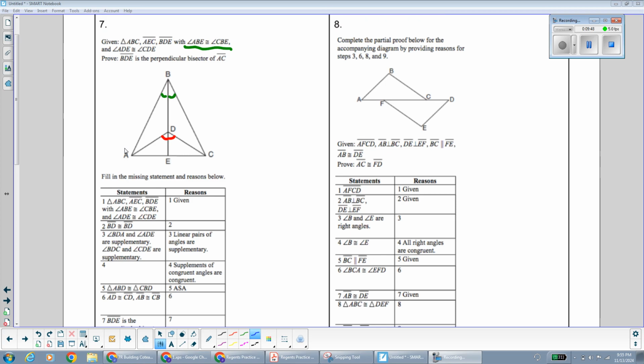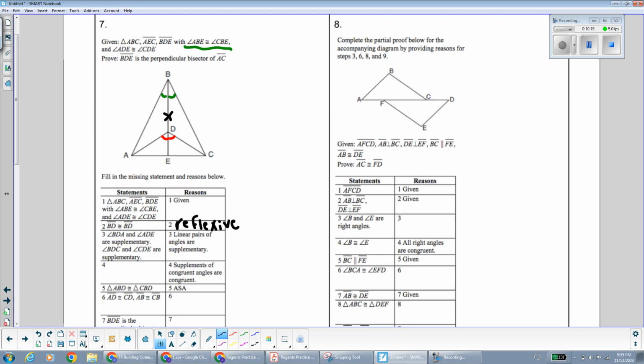I don't know which way this proof is going to have us prove it, by proving that AE is congruent to EC, or by proving that points along the perpendicular bisector are equidistant from A and C. So let's see what happens because this is a fill in the blank proof. So the first one's easy. BD is congruent to itself, and that's by reflexive property.